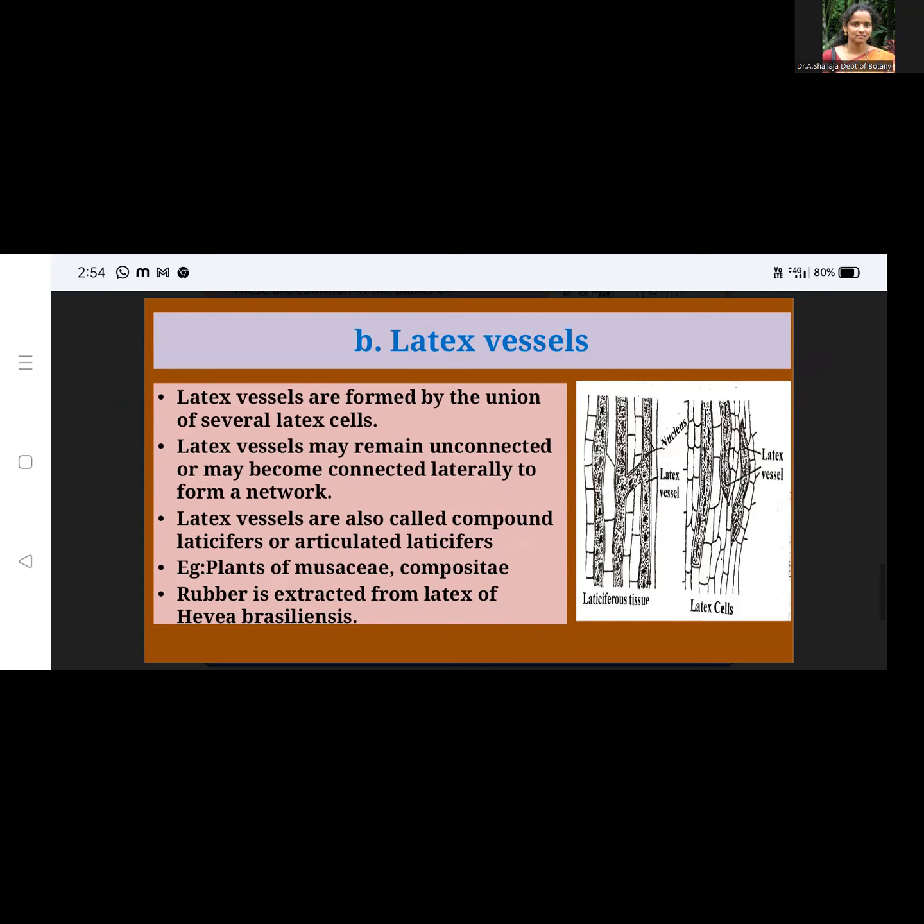These may be unconnected or may become connected laterally to form a network. These vessels are also called compound latex tubes or articulated latex tubes. Example, Musaceae, Compositae. Already I discussed that rubber is extracted from the latex of Hevea brasiliensis, Ficus elastica and Cryptostegia grandiflora also.